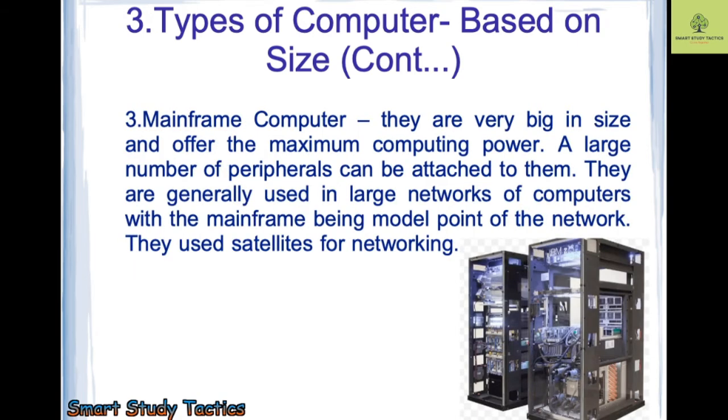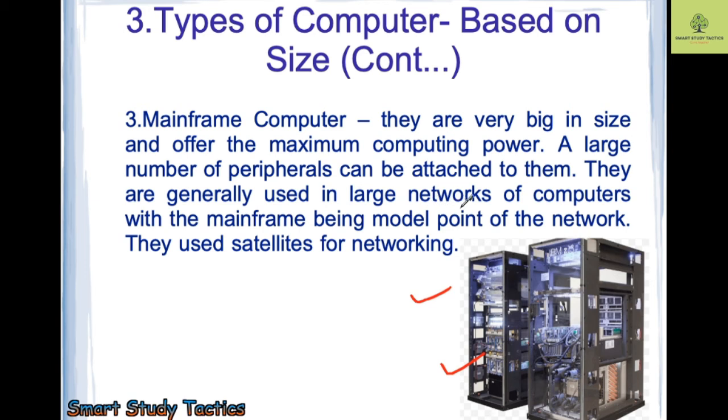Let's see. Here you can see an example of a mainframe computer. It requires a room with AC to cool things down, because it has a good processing speed. Mainframes are very big in size and offer maximum computing power. A large number of terminals can be attached to them.